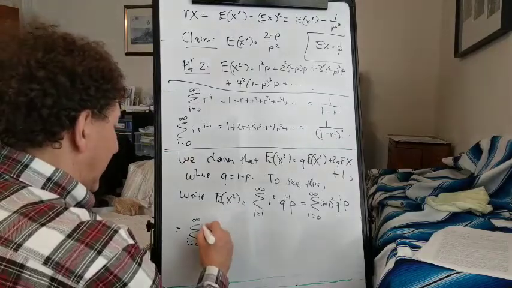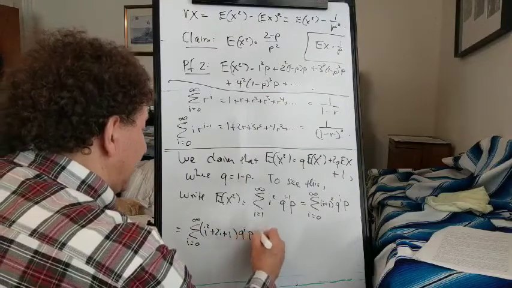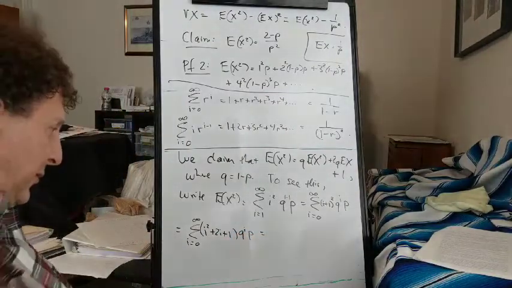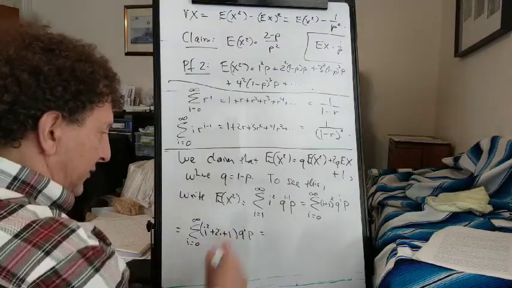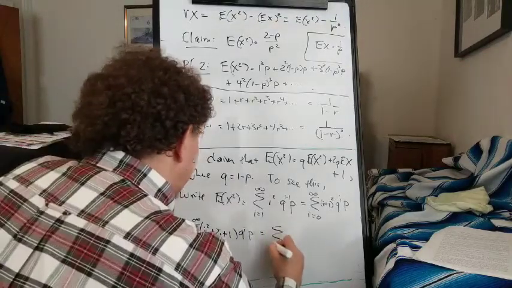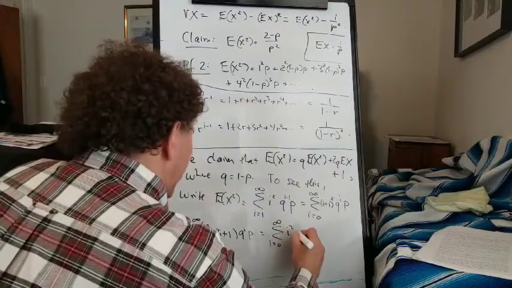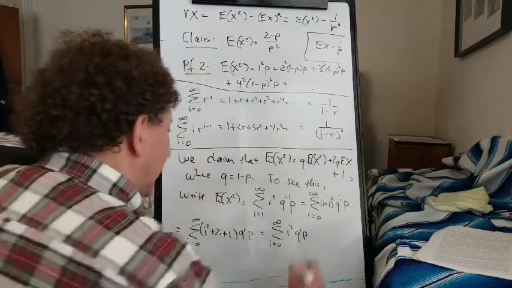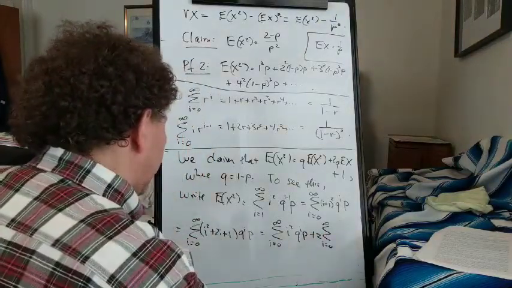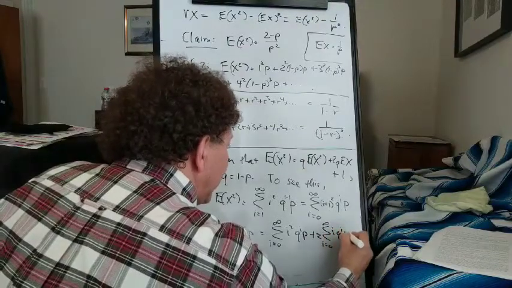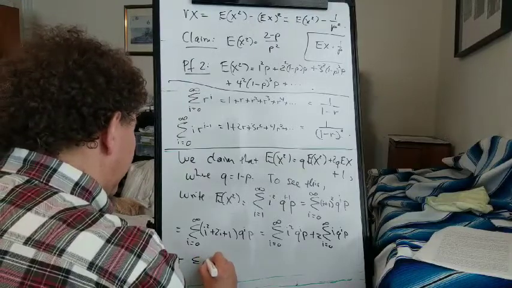Now i plus 1 squared is i squared plus 2i plus 1, times q to the i p. And now we can write this as 3 different sums: the sum of i squared q to the i p, plus 2 times the sum of i q to the i p, plus the sum of q to the i p.